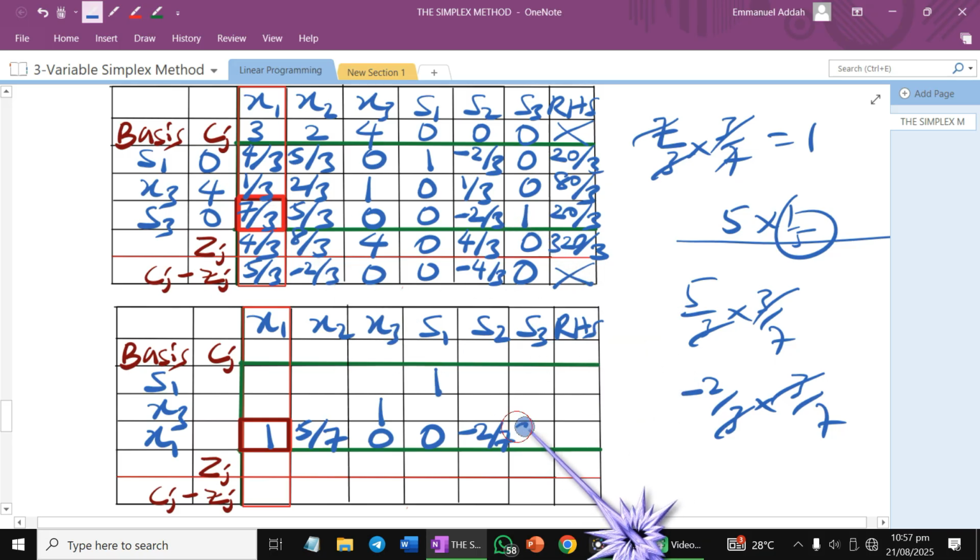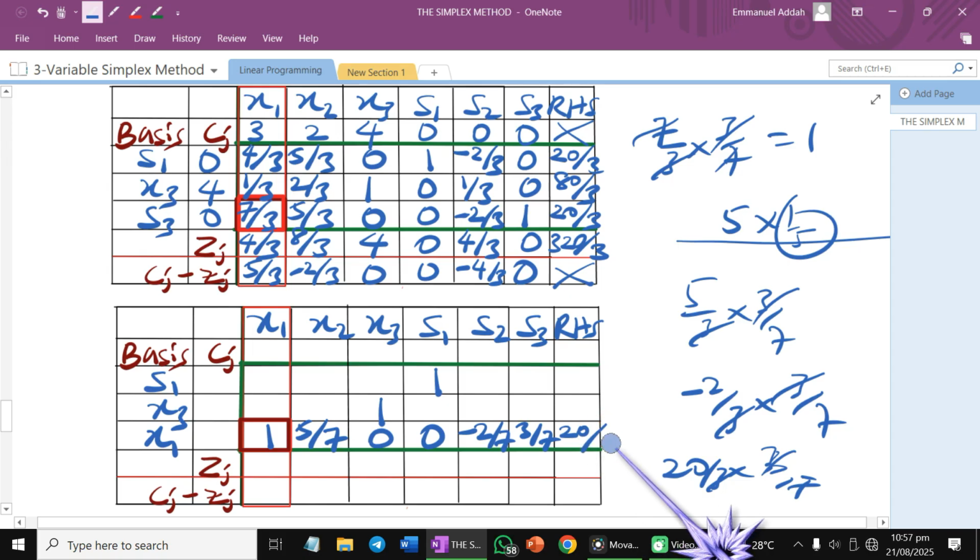That will be 3 over 7. And the next one, 20 over 3 times 3 over 7. That will be 20 over 7.